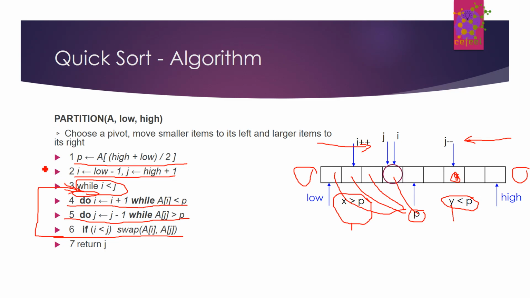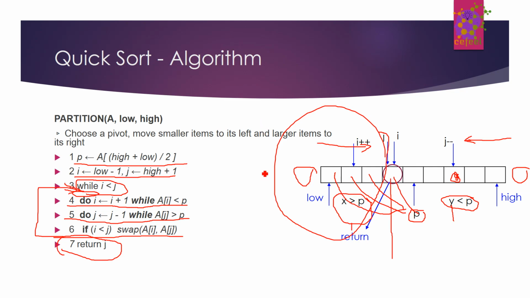So we go to step 7 and return J, which means we return the element where J is pointing to. That element is now in its position. All elements to the left side of it are less than the pivot, and all elements to the right will be greater than the element.